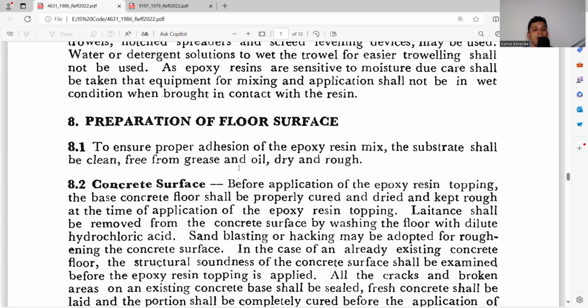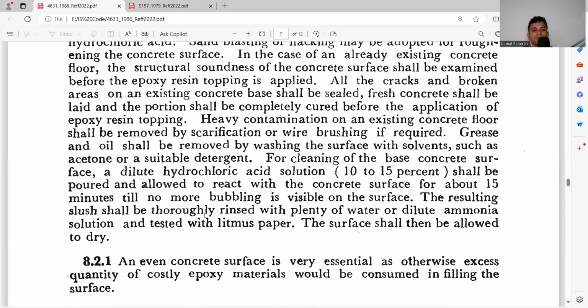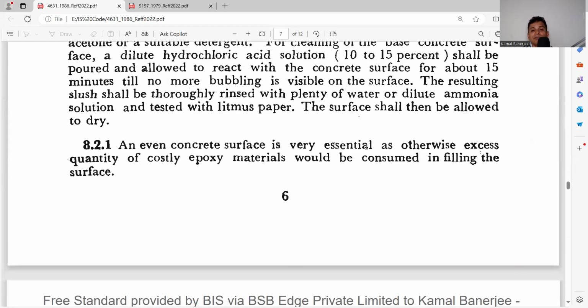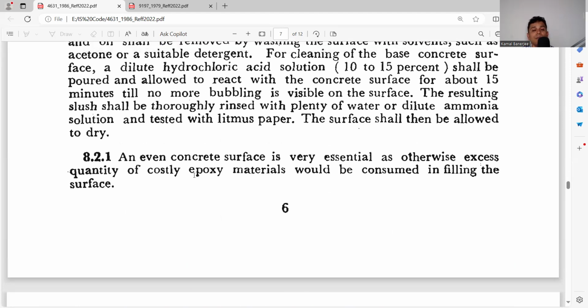So here it is given how to do the concrete surface. Then an even surface is very essential, otherwise epoxy material would be consumed in filling the surface. So what happens if the concrete is uneven? Then more epoxy will be required to fill the gap.